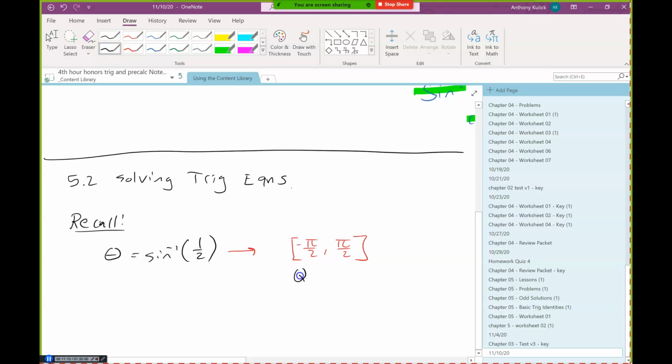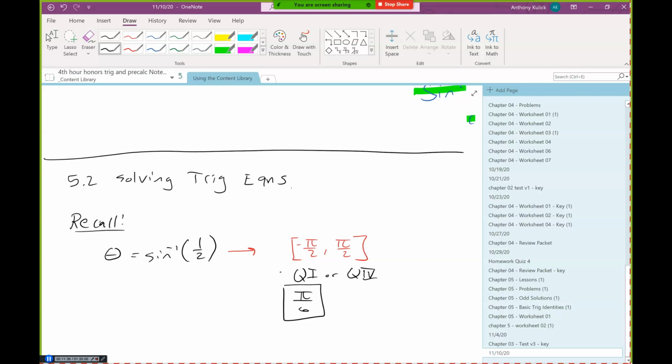So that's in quadrant 1 or quadrant 4. So if we went to the unit circle and we looked this up, we'd see that sine is positive in quadrant 1, and we would have retrieved the value pi over 6, right?